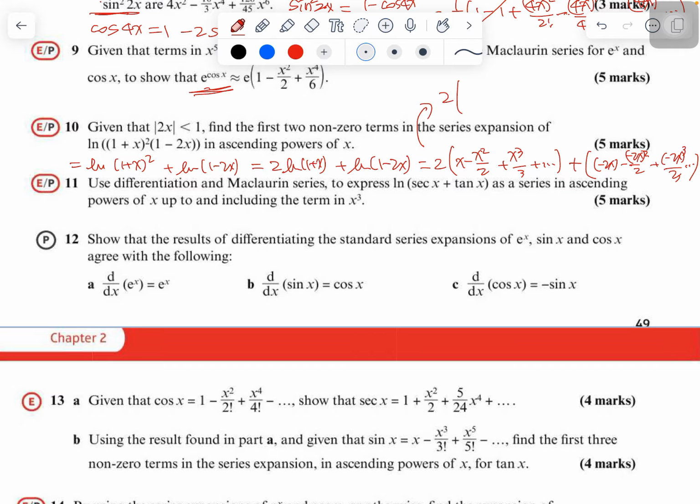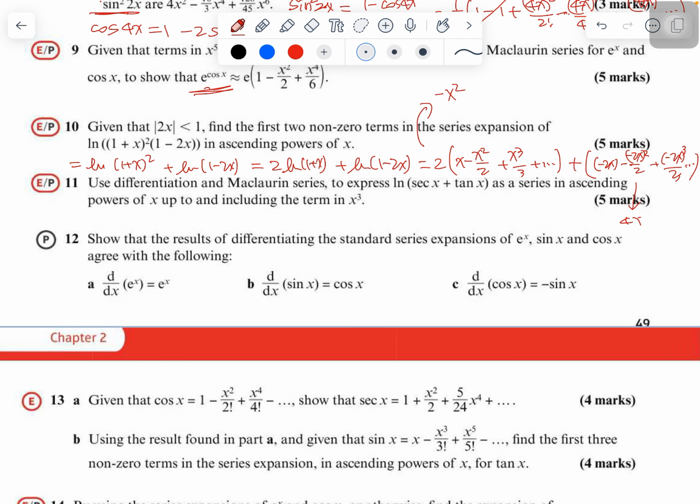So here 2x and negative 2x. Oh my god, we don't have an x term. And x squared, so now we have negative x squared, and what is that? Negative 2x squared.